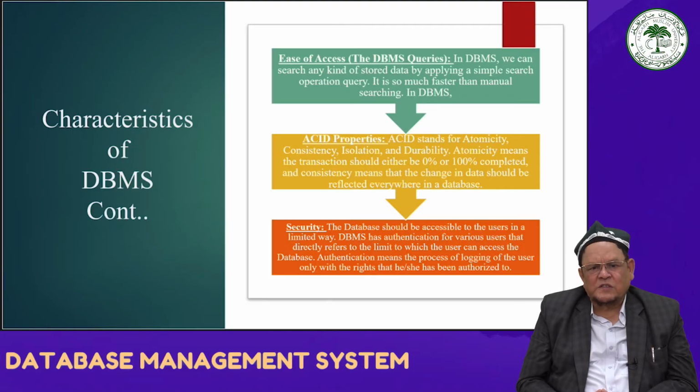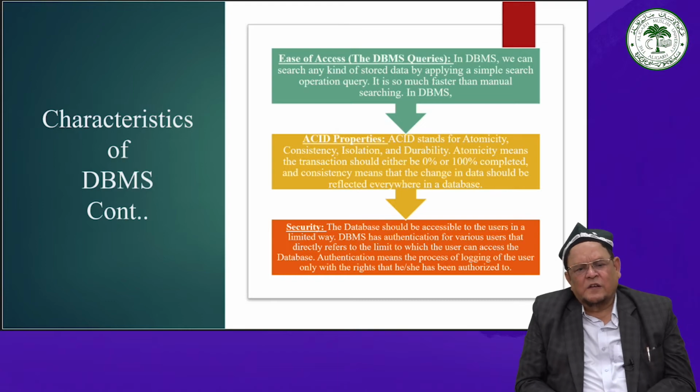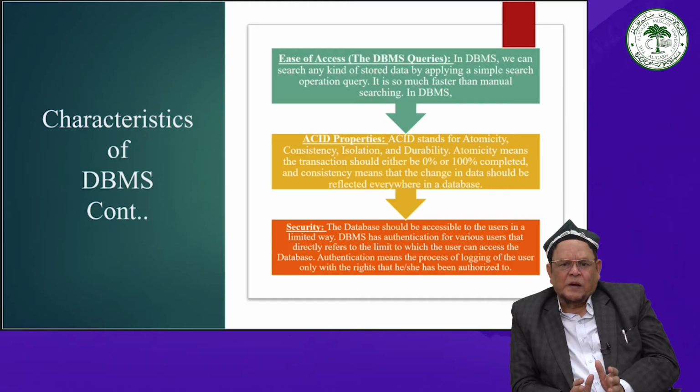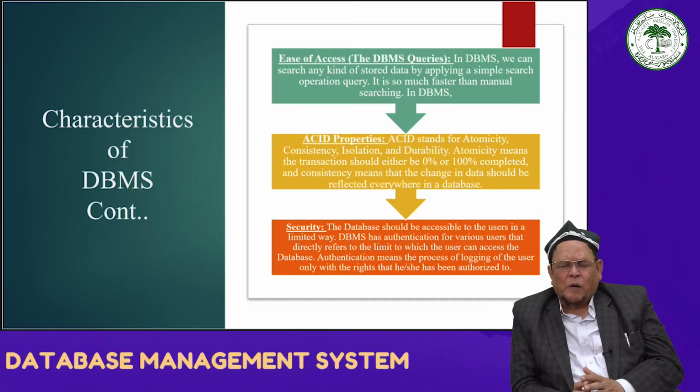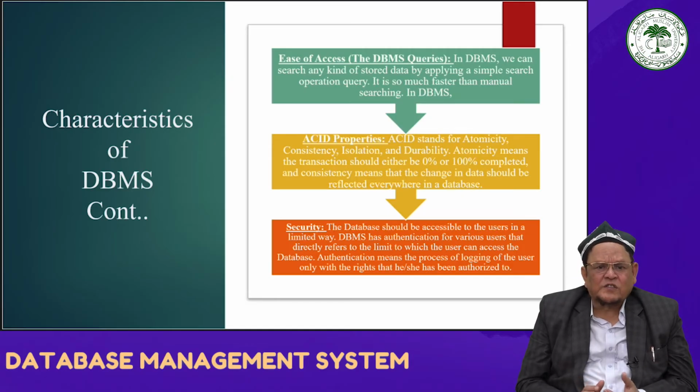Ease of access means in a DBMS we can search any kind of stored data by applying a simple search operation. It is much faster than manual searching. Searching will be faster, depending on the join operator; there are different types of operators also used. Using select, from, where, and some conditions, you are able to find the queries.